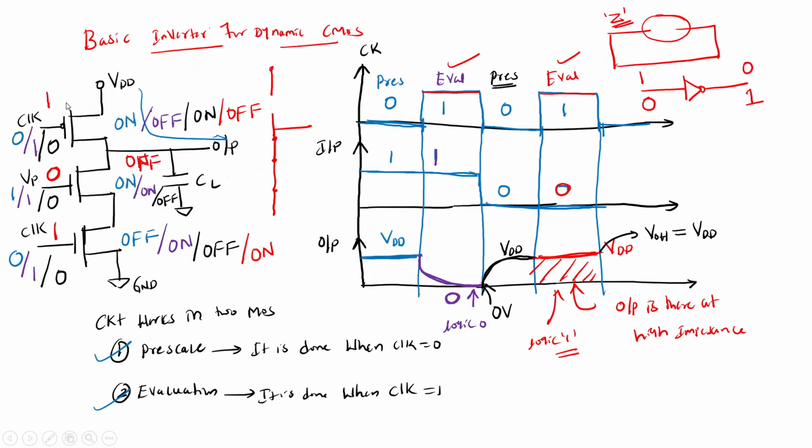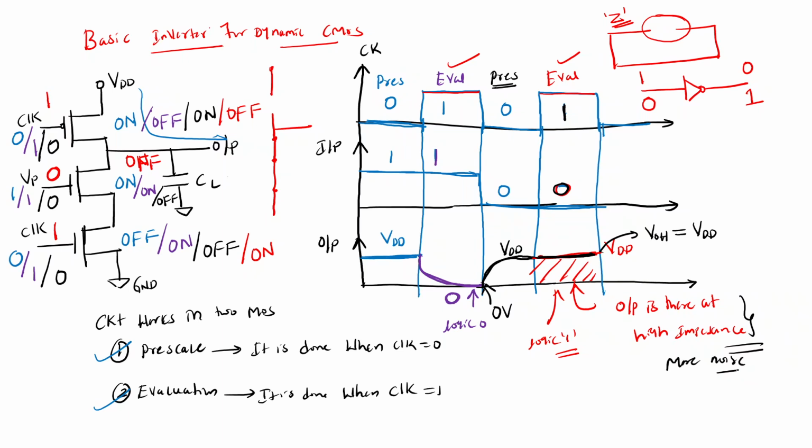As I told you, in the evaluation mode, when the clock is 1 and the input is 0, you are getting logic 1 only. But the disadvantage is the output is in high impedance state, and when it is in high impedance state, it will be affected more by noise.